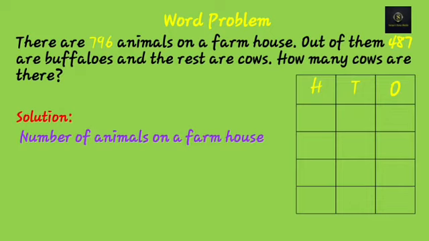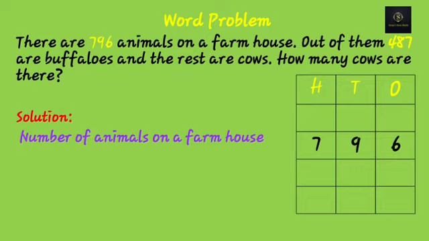Yes, how many animals are there on the farmhouse? That is 796. So here I place the number 796 in their respective columns. That is 6 in the ones column, 9 in the tens column and 7 in the hundreds column.